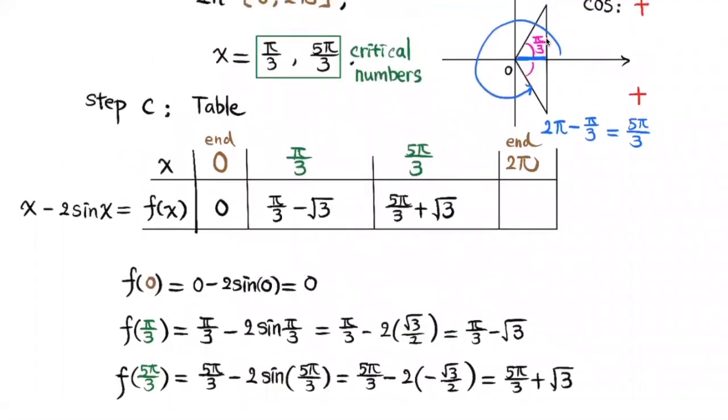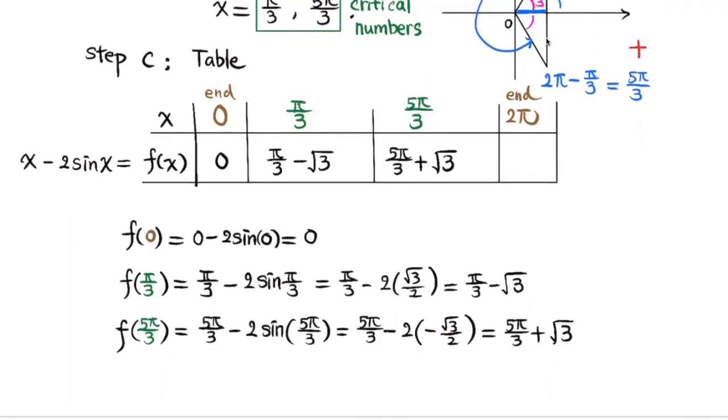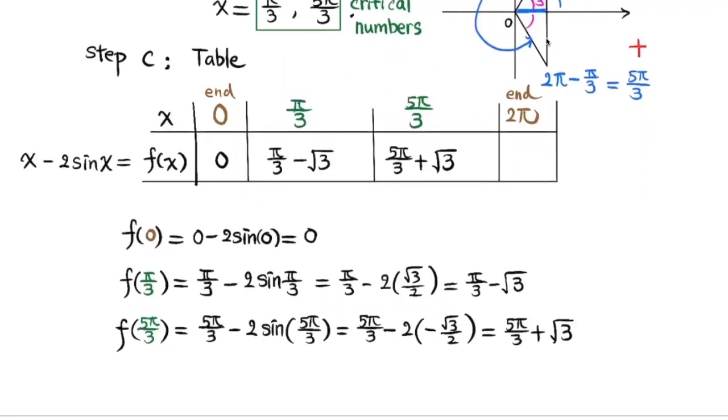Sine is negative in the fourth quadrant because the y here will be negative. So sine of 5 pi over 3 is going to be negative root 3 over 2. Negative times negative is positive, so simplifying, we get 5 pi over 3 plus root 3, and we enter this into this table.